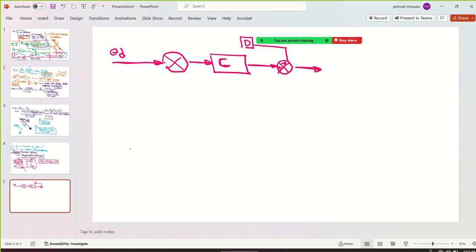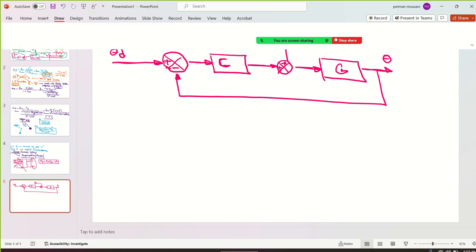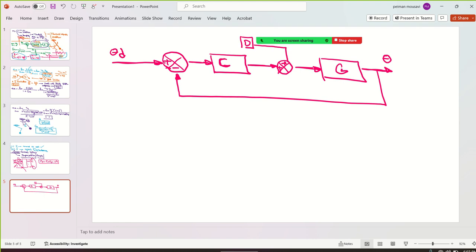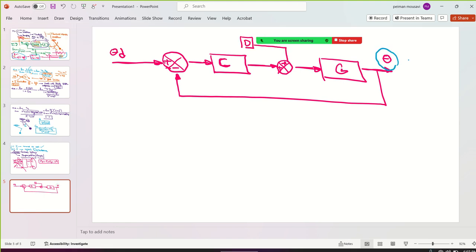It went to the physical pendulum, G, and gives you theta. Unity feedback, assuming that you have an ideal sensor. Okay guys, look at here. This is the output of the system, the real output.